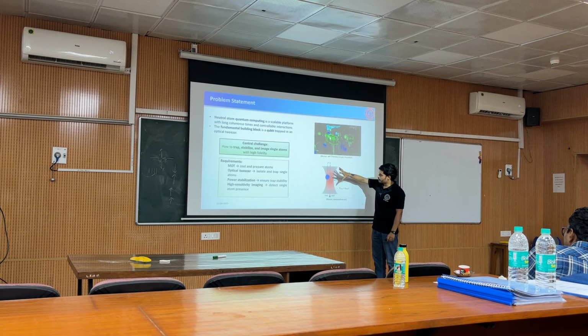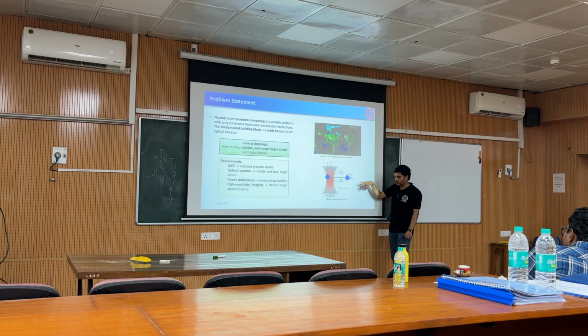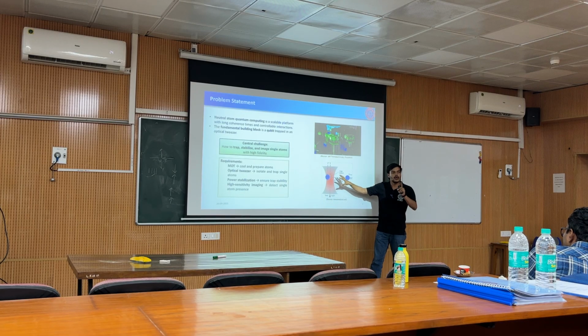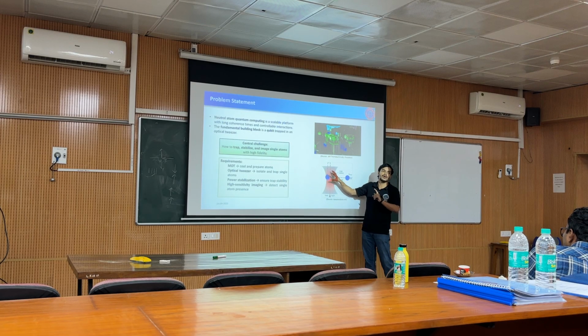The forces acting here are the scattering force from the laser light, and the gradient force because of the intensity distribution. As in the Gaussian profile, the intensity differs with position, and that intensity difference creates a gradient force. That's why the atom gets trapped inside. Both forces act, but the gradient force has to be stronger than the scattering force.